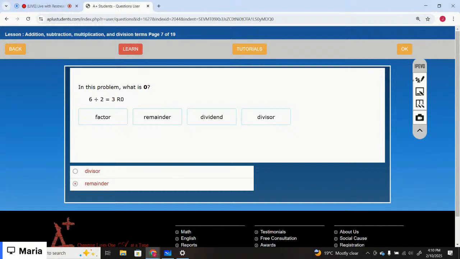Option number 2 is the correct option. Okay, you can complete the lesson by yourself later today. Let's just move on to next lesson.